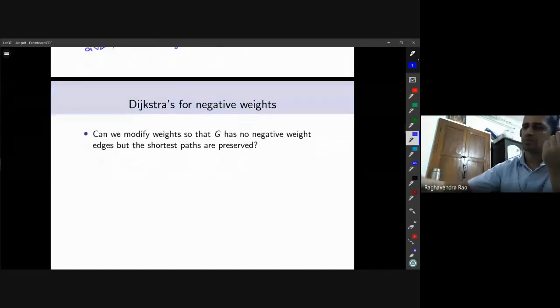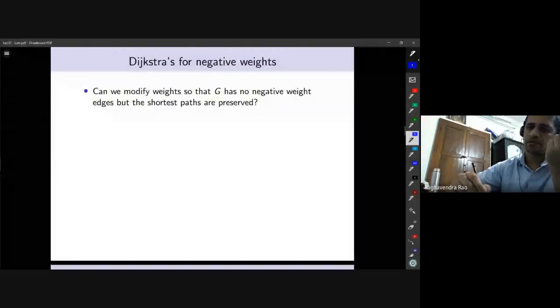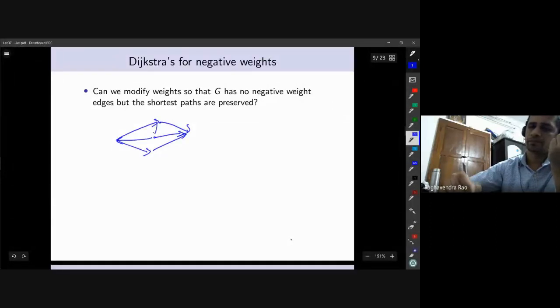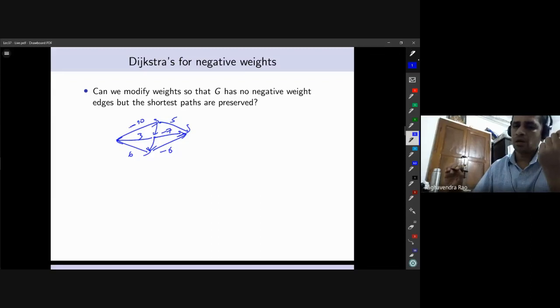So say you have some graph with edge weights minus 10, 5, minus 7, 3, 6, minus 6, and so on. Now, what is the obvious way of getting rid of negative weights?